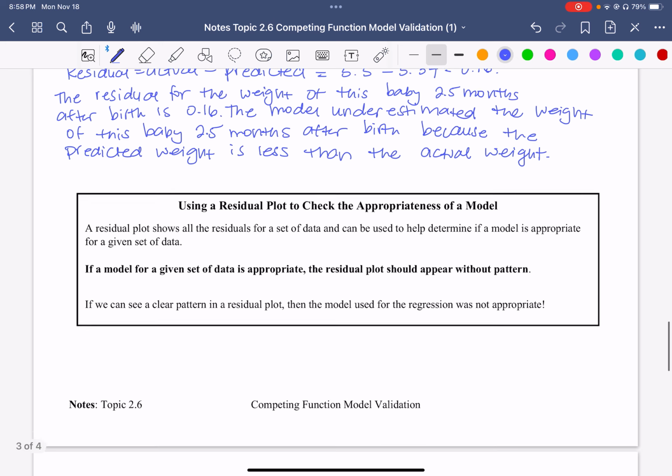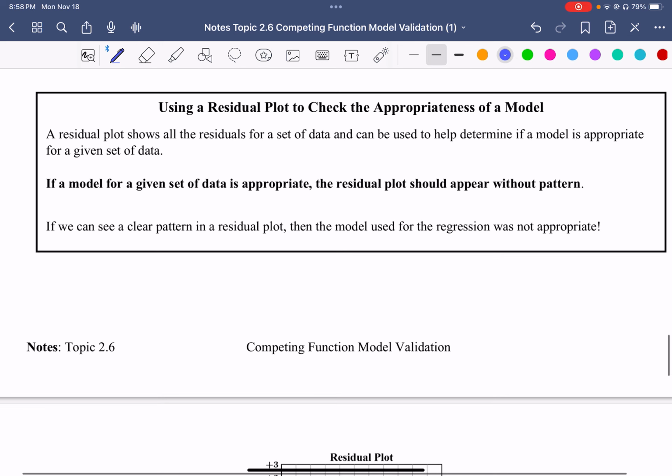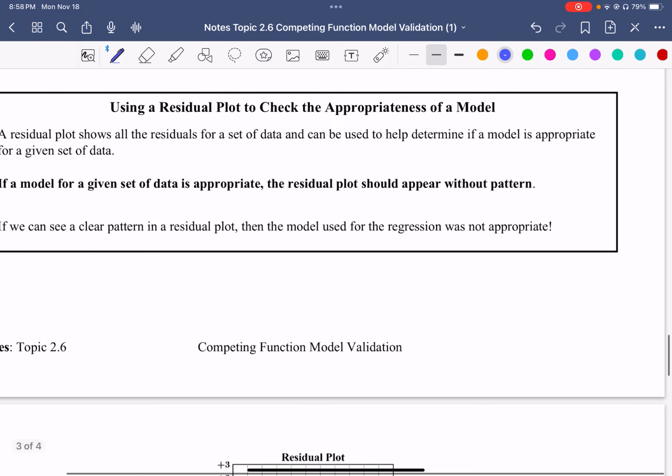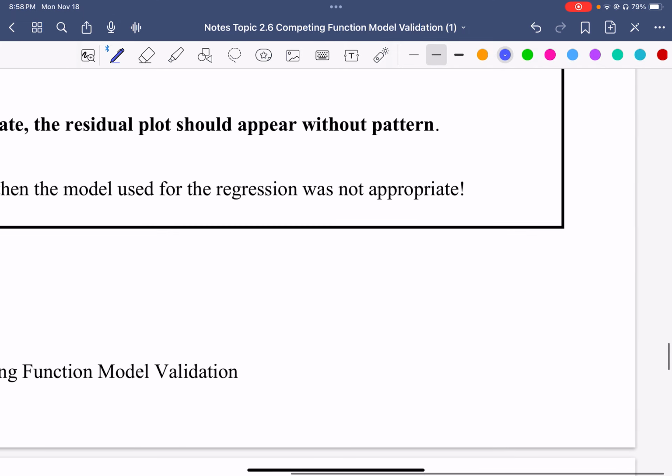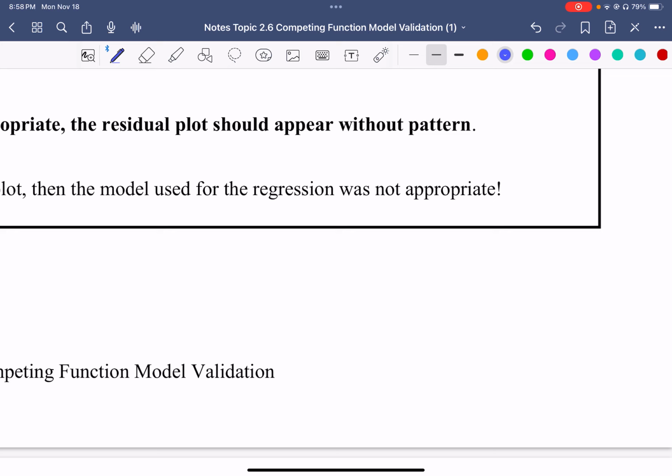If a model for a given set of data is appropriate, the residual plot should appear without pattern. If you can see a clear pattern in a residual plot, then the model used for the regression was not appropriate. Okay, so the key takeaway here is if the model is appropriate, you will see no pattern.